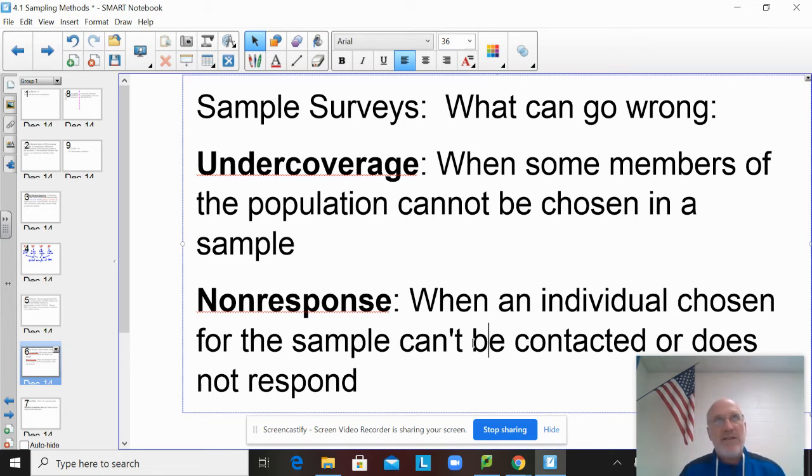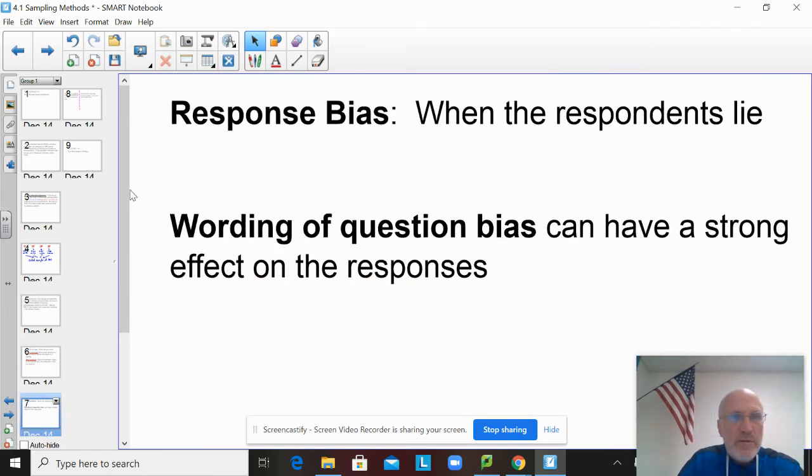I mean, they're voluntarily choosing not to respond, but voluntary response has to do with people choosing to be in the sample. Non-response is when a sample's chosen well and simple, they just choose for whatever reason not to respond. That's non-response bias.